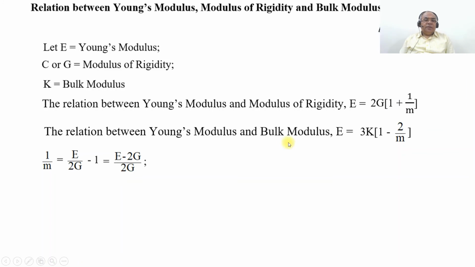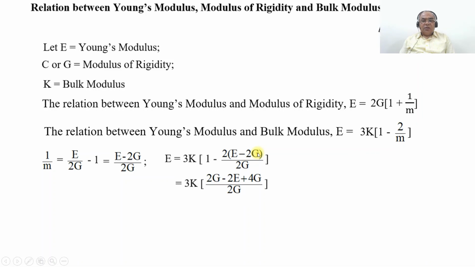Taking the LCM, E minus 2G by 2G, so E is equal to 3K into 1 minus 2 into, substituting the value of 1 by m as E minus 2G by 2G. You just take the LCM and simplify on cross multiplication. E is equal to 3K into 2G minus 2E plus 4G by 2G.